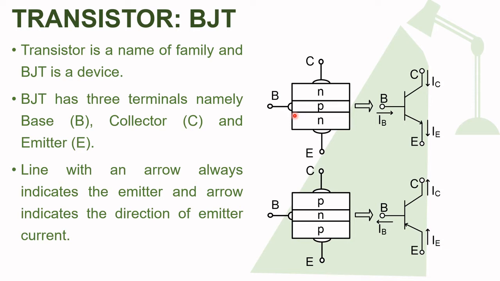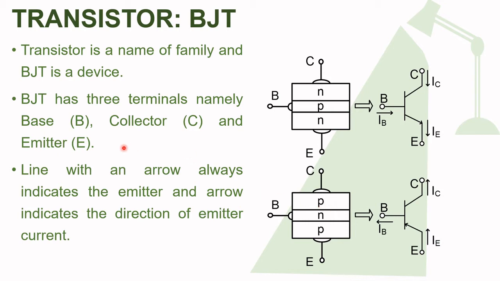So based on the layers which are used in the transistor, the transistor is mainly classified into 2 different categories, that is NPN transistor and PNP transistor. The term bipolar denotes that the current flows in the device due to movement of both holes as well as electrons.